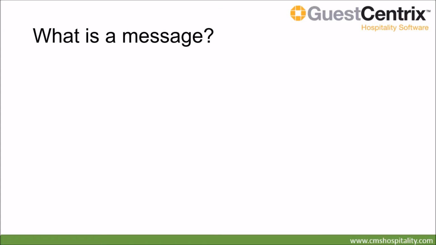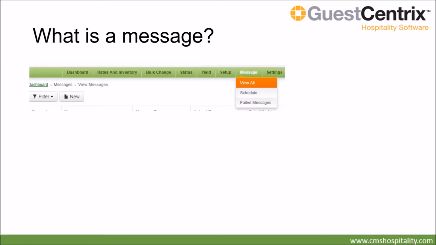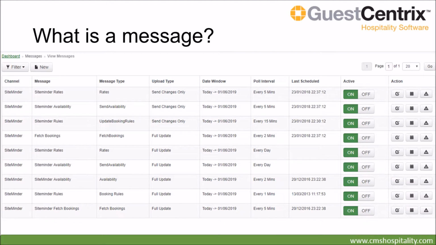To see your different messages, on the toolbar, select Message, then View All. You will see the configured messages in a screen.